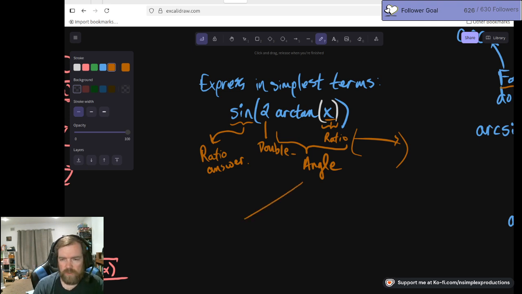Now, one thing that we can do is create a right triangle and say, let this be theta. That means that the arctangent of x over 1 is going to get us theta. So what angle is this going to be? Well, x over 1 is not going to be a strict number, obviously. However, the tangent is going to get us opposite over adjacent. That's an x, that's a 1.